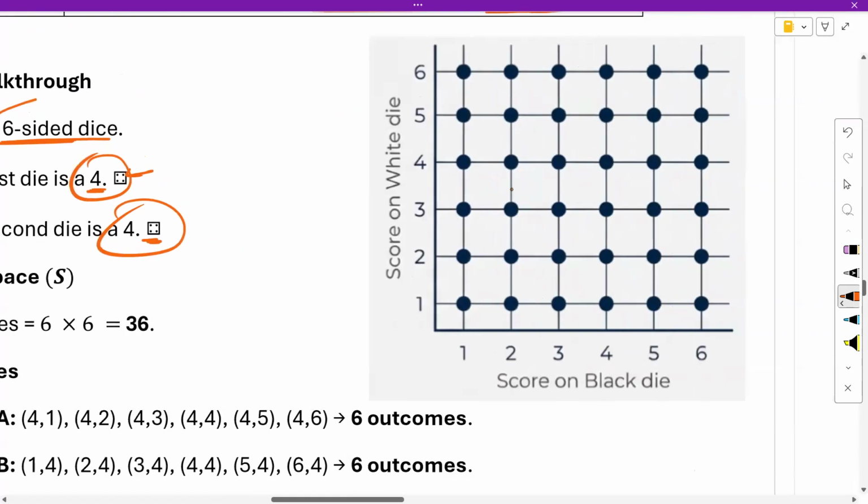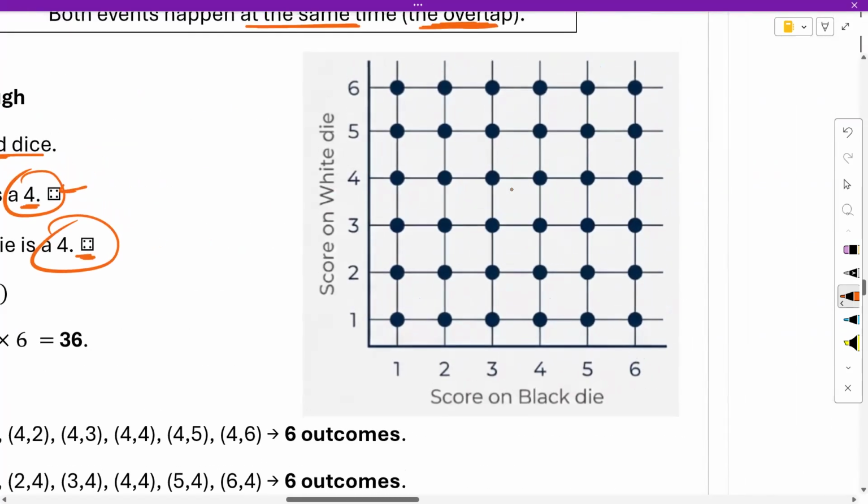So shall we put it in a diagram? Assume the first row is a white die and the second row a black die. This is the sample space.